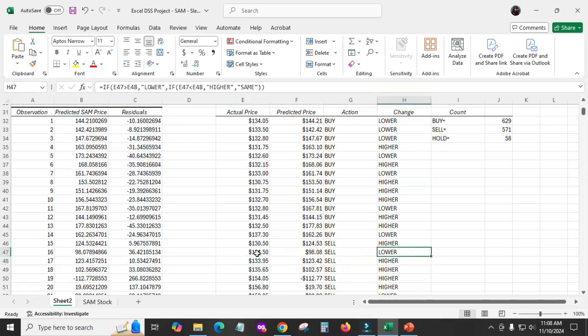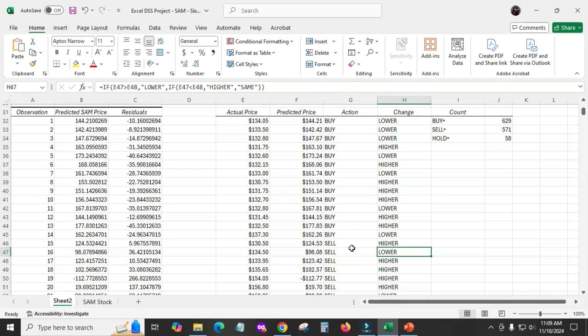That's why it says lower. So buy and higher and sell and lower are good things. The other one would be hold and same. That would be another true, or positive, statement. Anything else outside of that would be a false statement, or a bad thing.